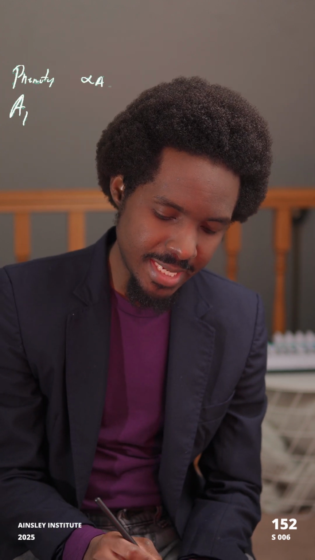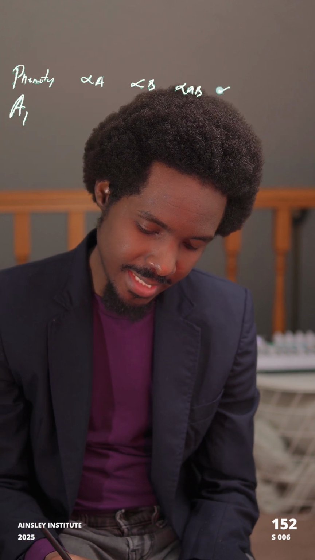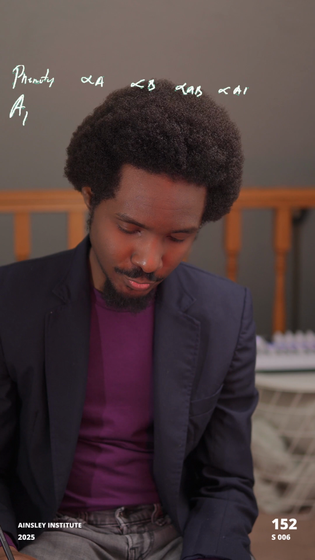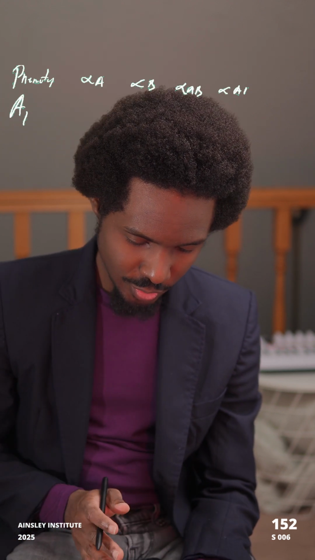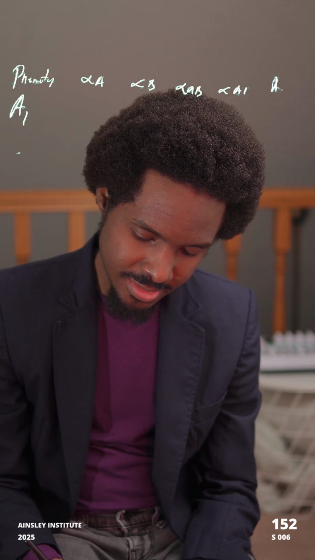Let's do the phenotype: this is anti-A, this is anti-B, this is anti-AB, and anti-A1. So we're just going to do this section first, and then we're going to move down and add the A cells and the B cells.